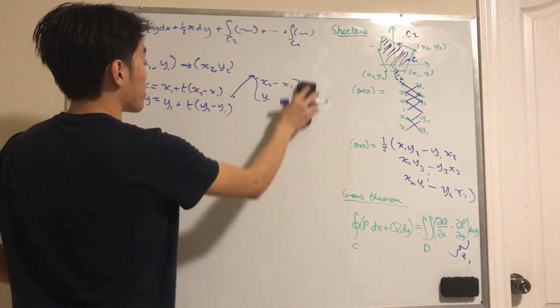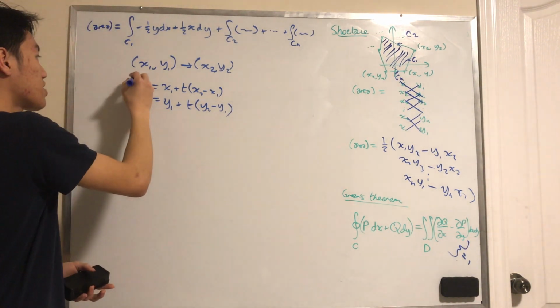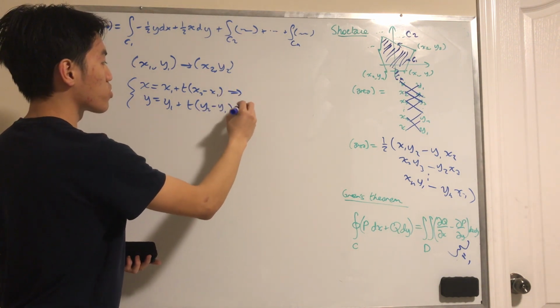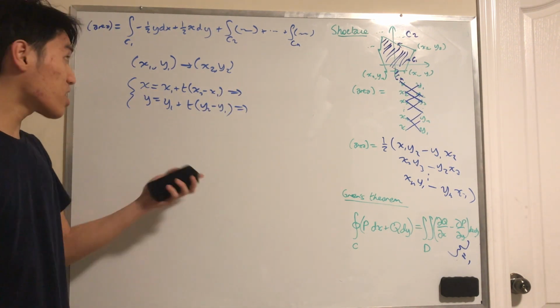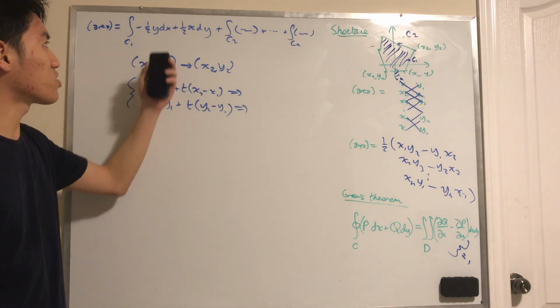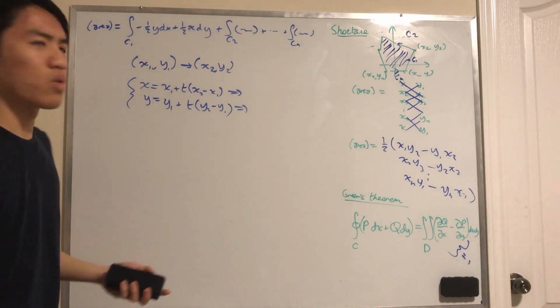Okay, great. I'll erase that for a little bit of space. That's our parametrization. And remember, when we're doing integrals with parametrizations, we need to find a way to replace the differentials dx and dy, because in its current form, what are we supposed to do with that?